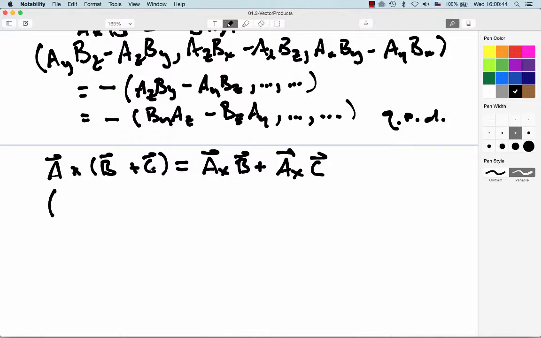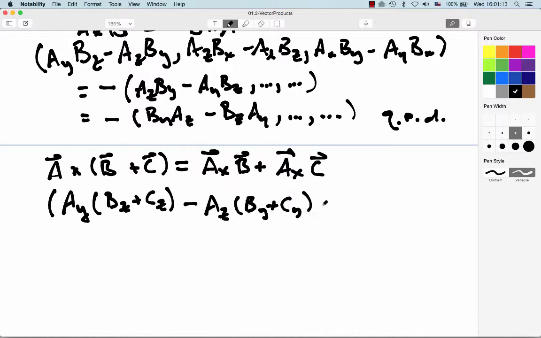So if I do A cross B plus C, this would be Ay times, I'd have to take the z component of the vector sum of B and C, but that's the same thing as just Bz plus Cz, like so. And then I would have to subtract and reverse the components, so Az times By plus Cy, and then two more terms.